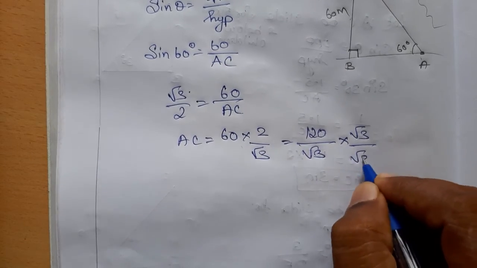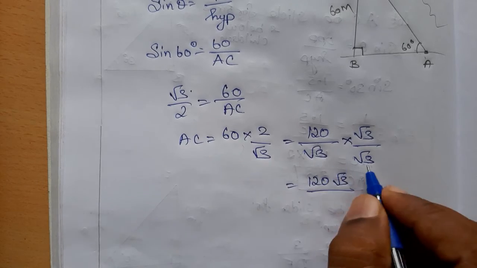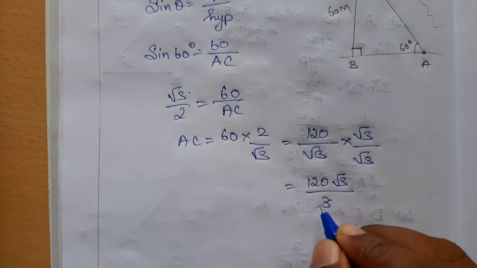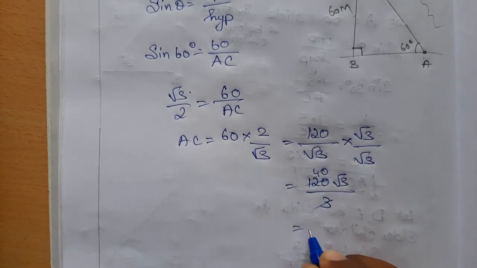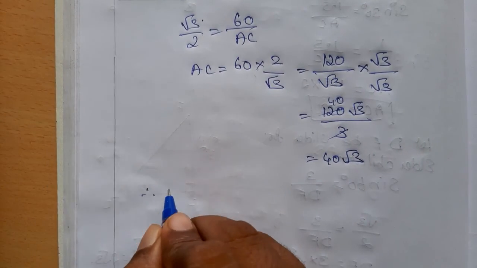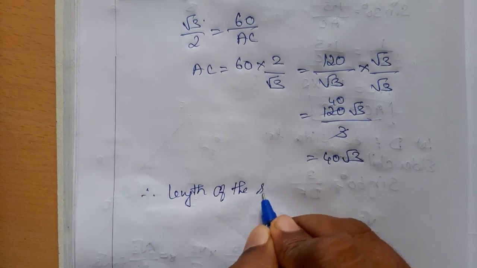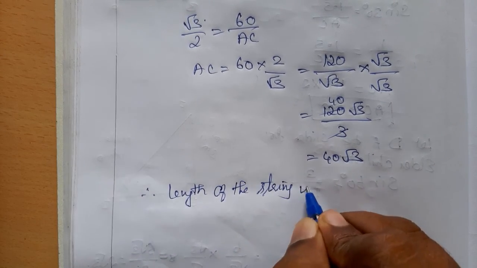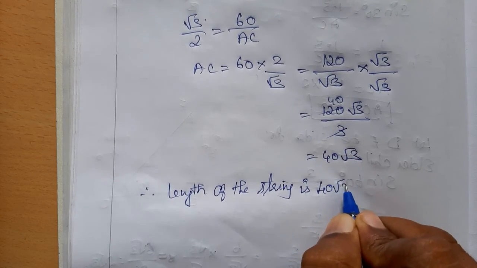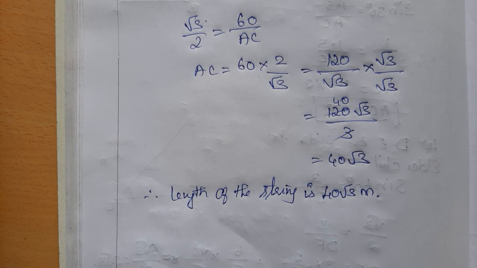Square root of 3 by square root of 3, we will be getting 120 square root of 3 by 3, and so this can be cancelled to 40. It is 40 square root of 3. So therefore, the length of the string is 40 square root of 3 meter. Clear? Thank you.